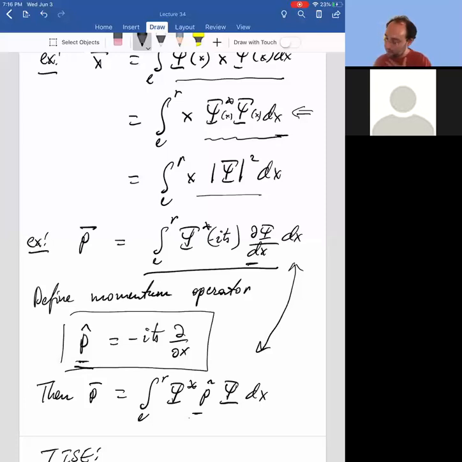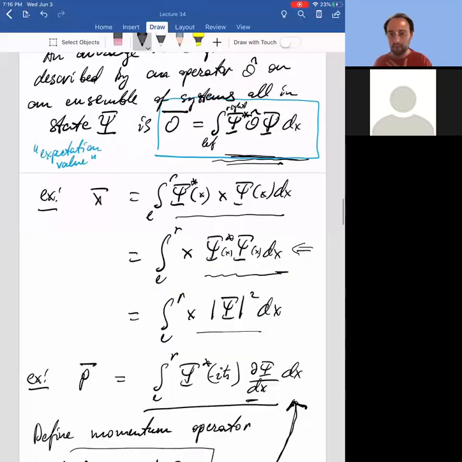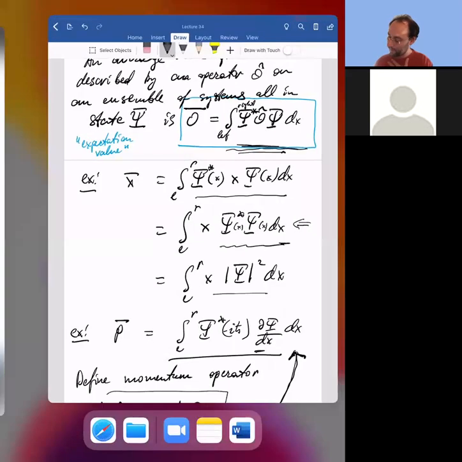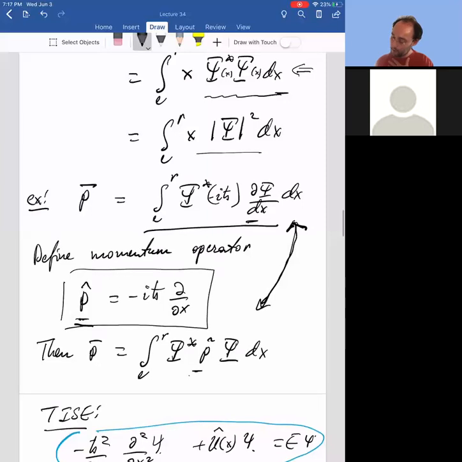And you can rewrite this expression like this, which fits the general idea in the blue box. So in terms of the operator, the expectation value of the momentum is given by this formula, which is equivalent to this expression right here.